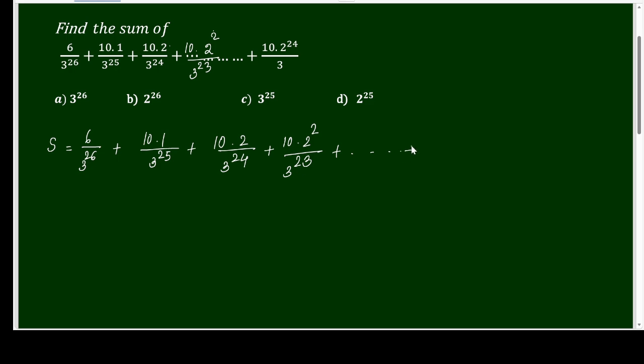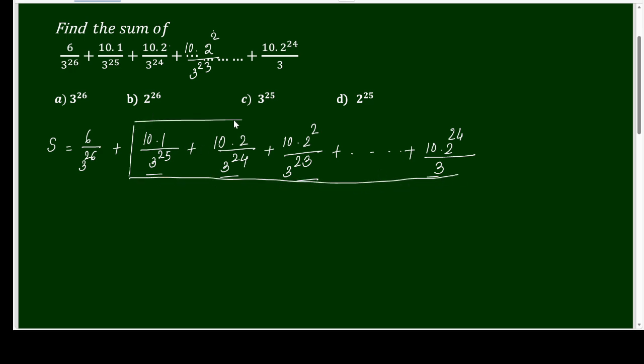Last is 10 into 2 to the power 24 by 3. So you will observe very carefully that from the second term onward there is a pattern. Let us name all of this sum as S dash. So S equals 6 over 3 raised to the 26 plus S dash.